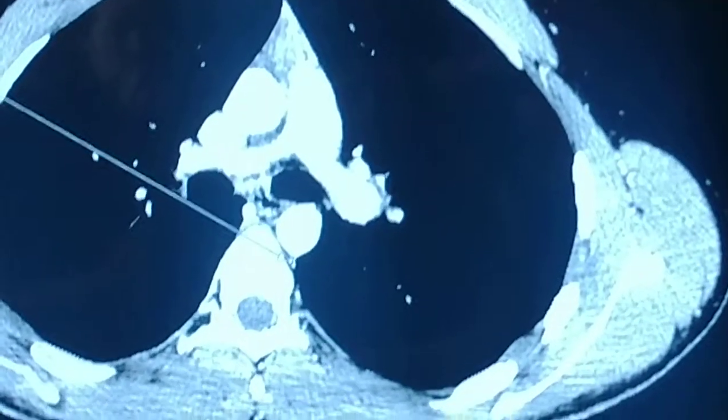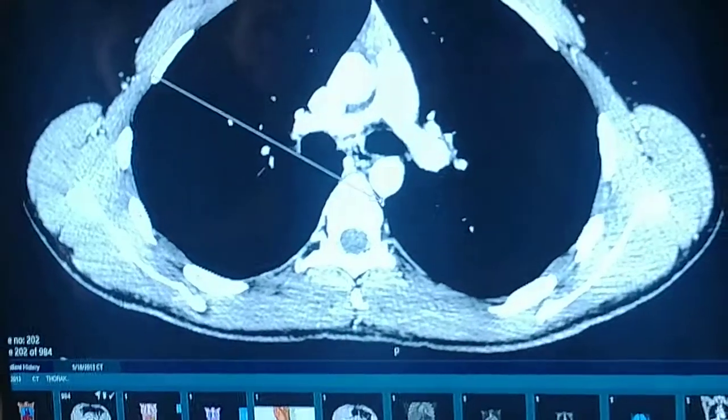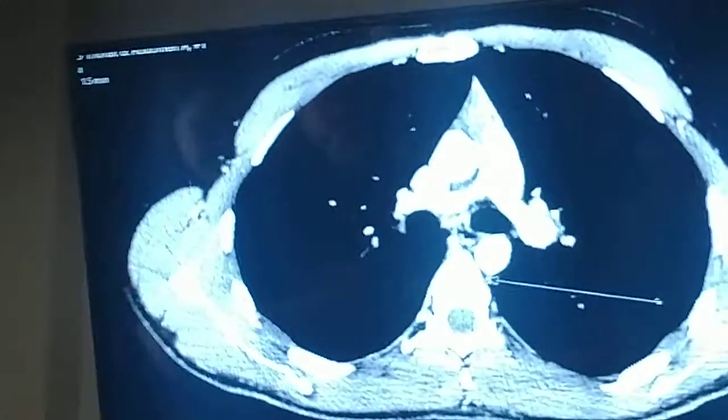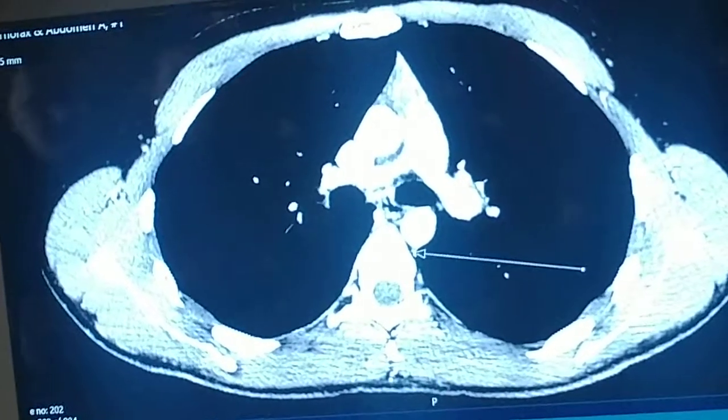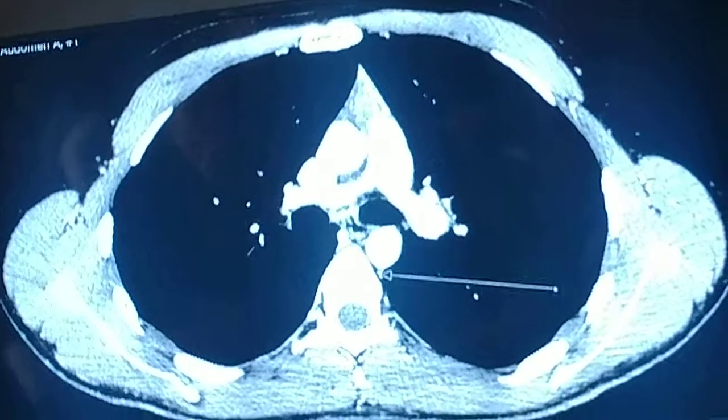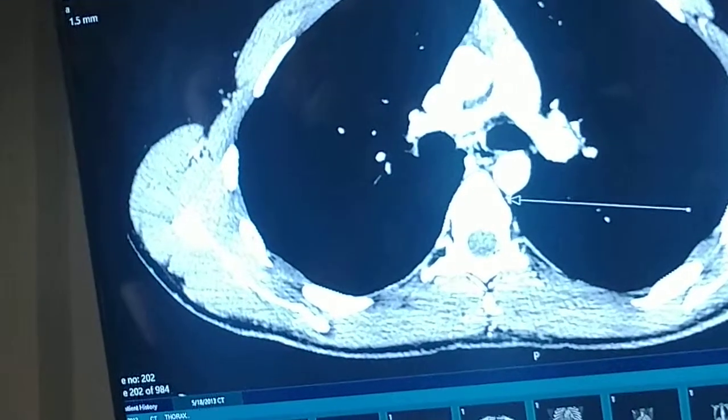What about, what's that? Vertebral. Would that just be the Rami? No, it's not Rami because I'm outside of the vertebrae there. Part of the vein, yeah.